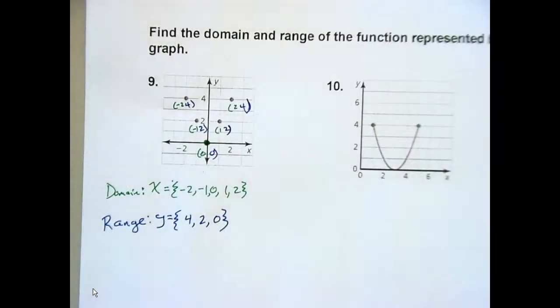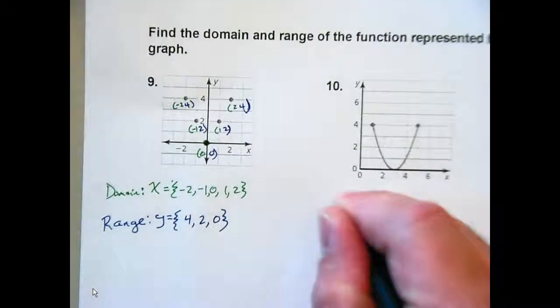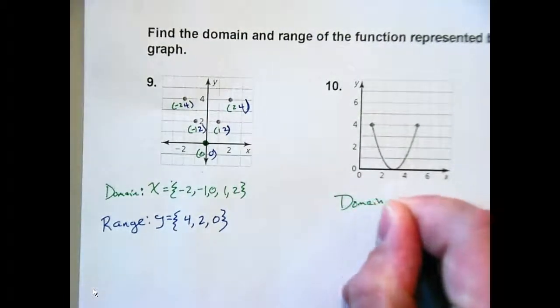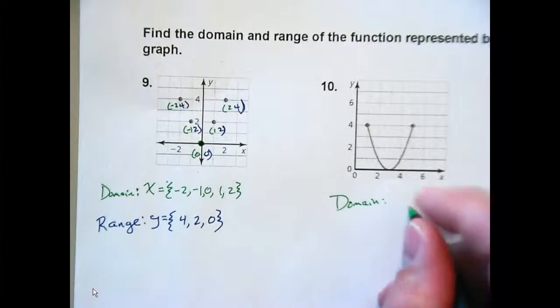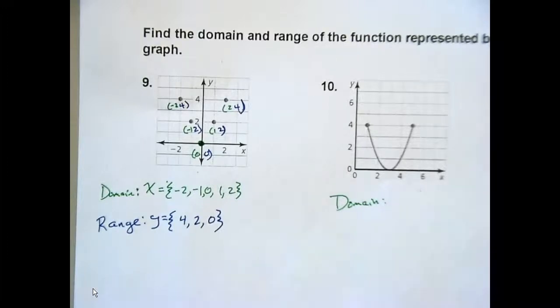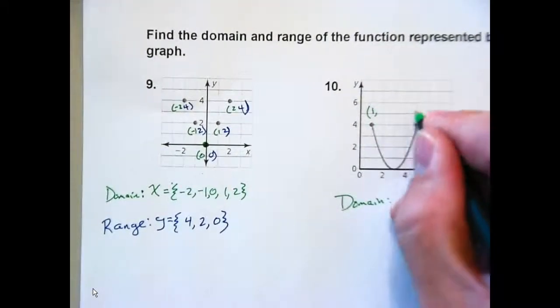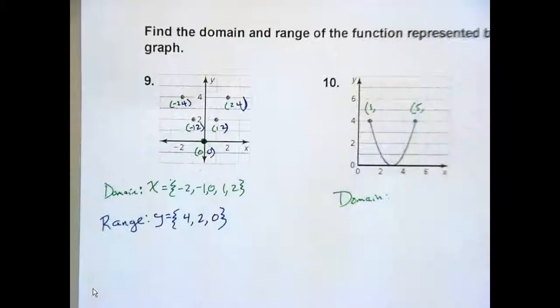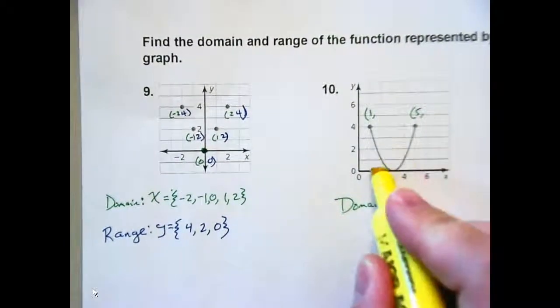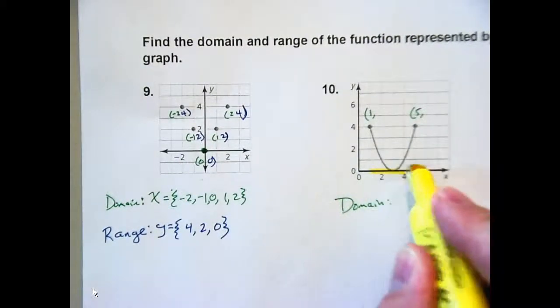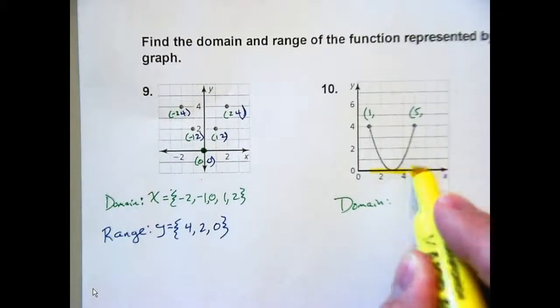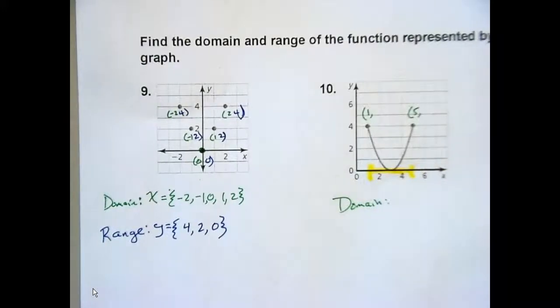Continuous, when you're dealing with continuous data, your domain is where you have your inequalities. So you say, well, this one starts at 1 on the x-axis, and it goes to 5 on the x-axis. So my graph exists between this point and that point right there, using the x as a measuring stick.